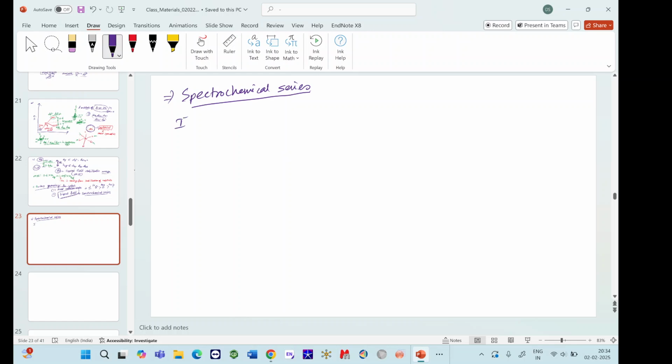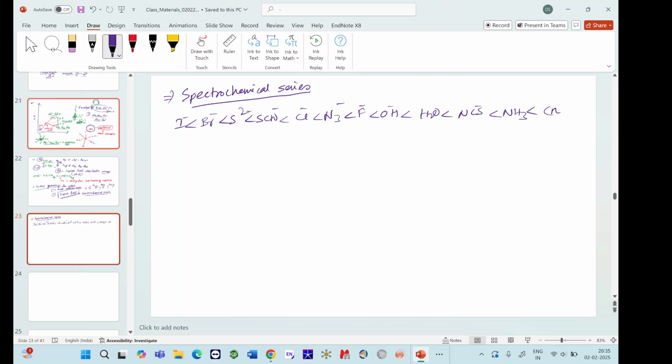It will be like halogens at first, somewhere you have neutral ligands, then you have moderately strong field ligands.